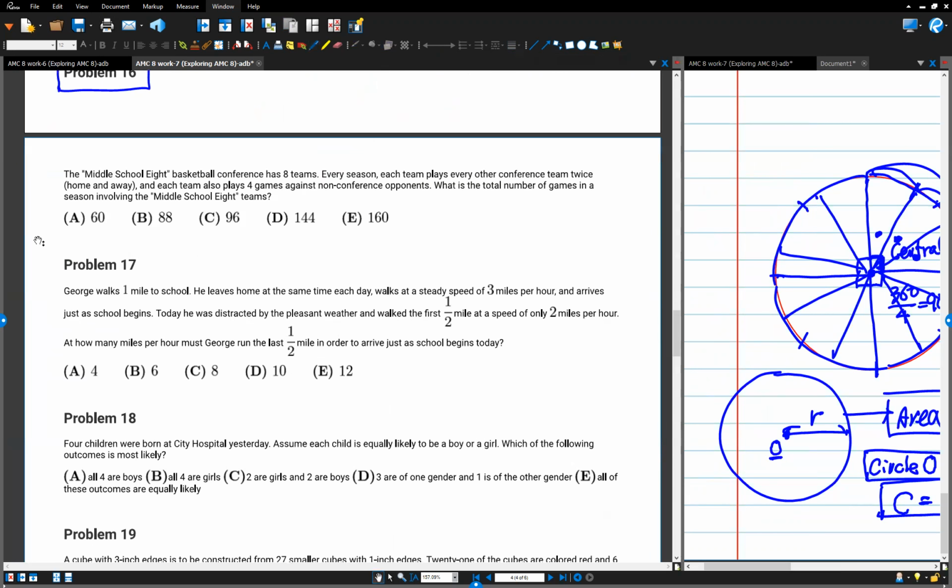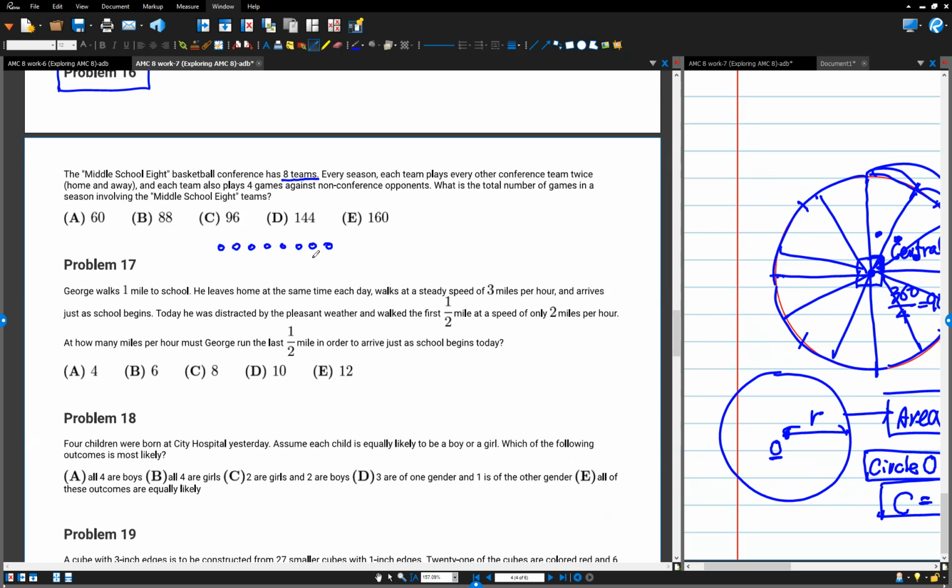The middle school age basketball conference has 8 teams. Every season, each team plays every other conference team twice, home and away. So we have 8 teams: 1, 2, 3, 4, 5, 6, 7, 8 teams.